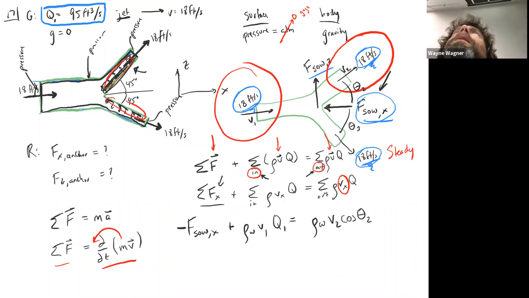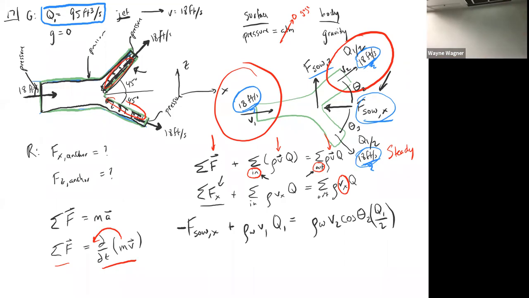Here we go. It says the stream hits a stationary splitter such that half the flow is diverted upwards and the other half is diverted downwards. So this right here is going to be Q1 over 2, and this down here will be Q1 over 2. Basically that Q is being split in half. Again, remember there's no sign on the Qs.